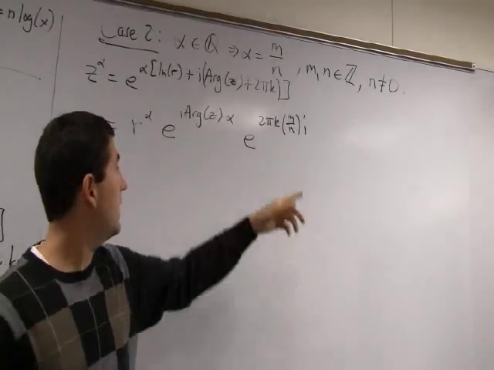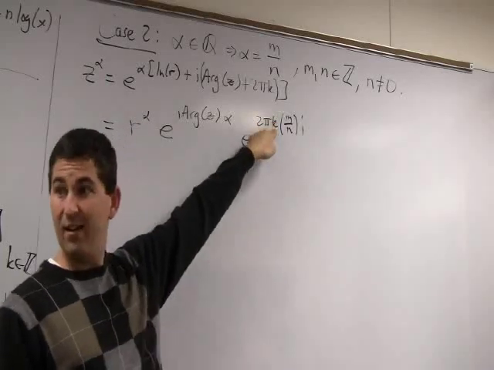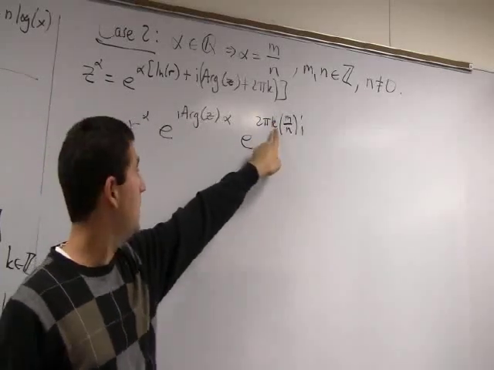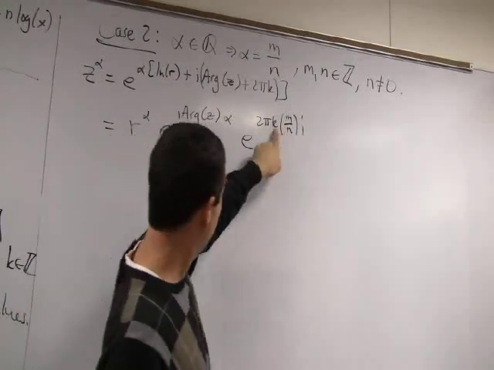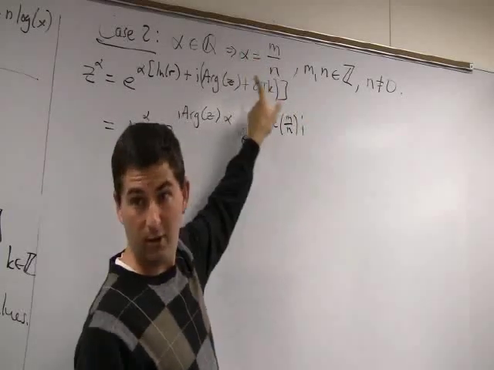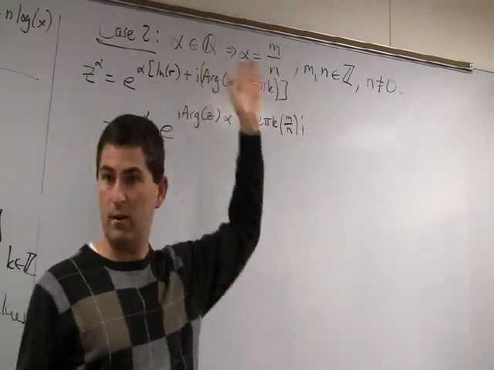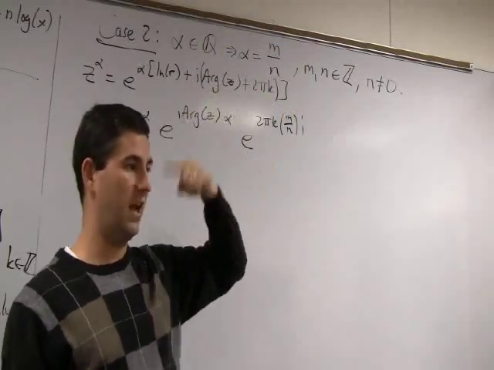The same thing is happening here. As soon as k becomes n, this becomes a multiple of 2 pi again. If k is n, you get a multiple of 2 pi. If k is 2n, you get another multiple of 2 pi. If it's 3n, you get another multiple. So it just cycles and repeats as soon as k gets to n.